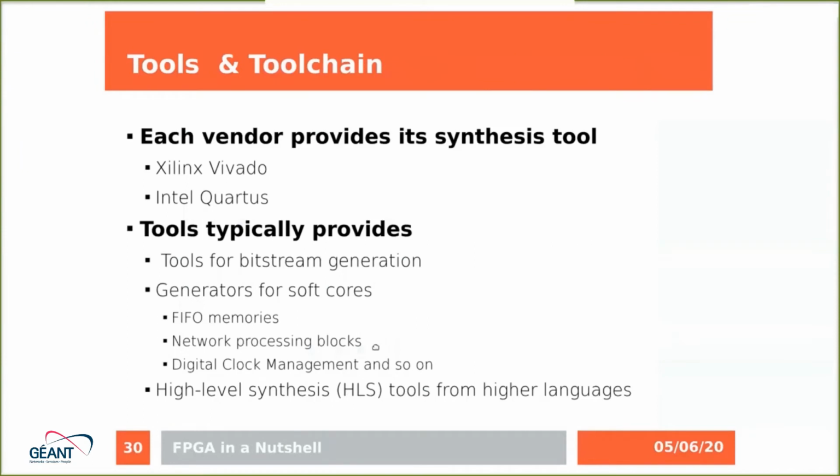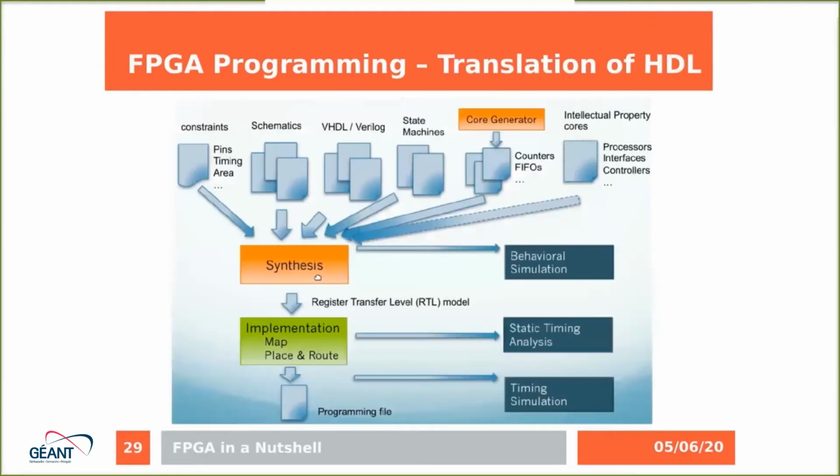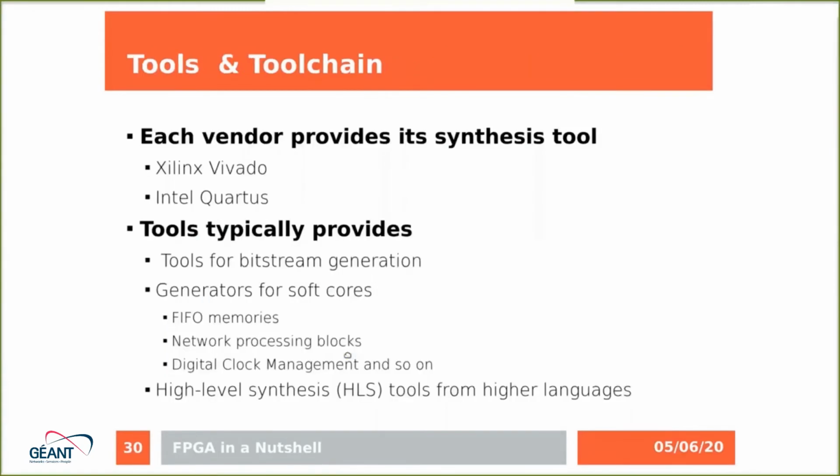As I already mentioned, each vendor provides its synthesis tool. The synthesis tool generates a bitstream, and it also provides the algorithms and tools to run the map phase and place and route. It also contains a special generator for softcore generation, so you can use a predefined library of components.